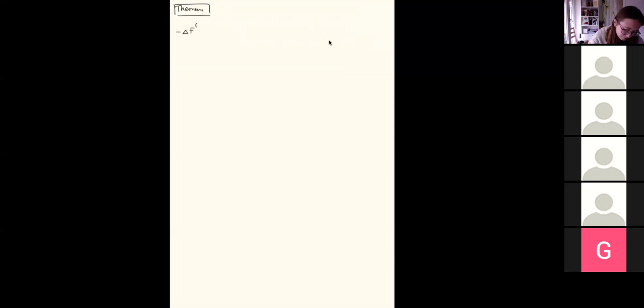Minus delta F at temperature beta R of a system S minus eta delta EH, which is the energy decrease in the hot bath.